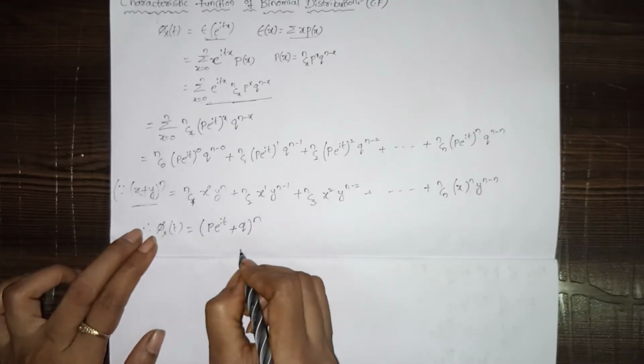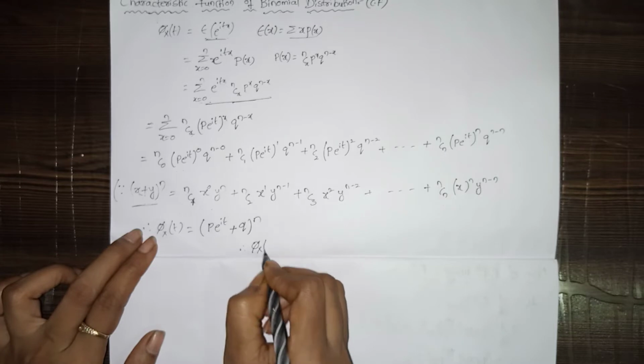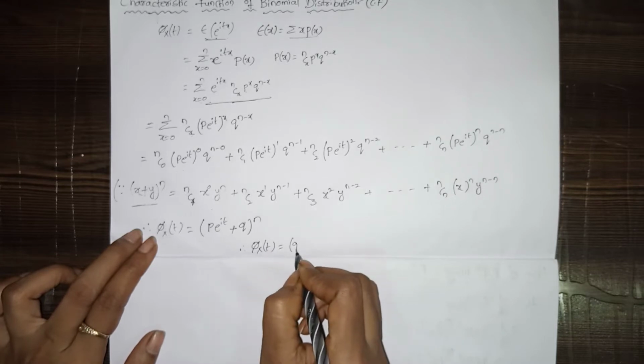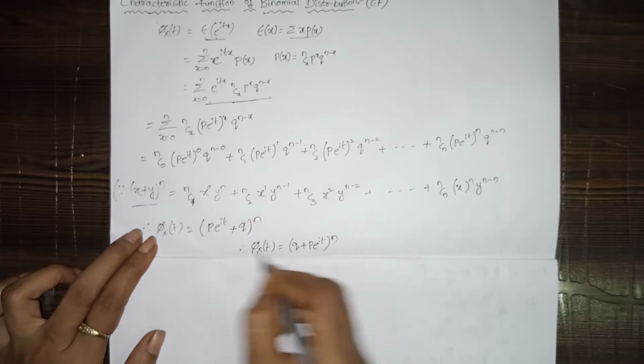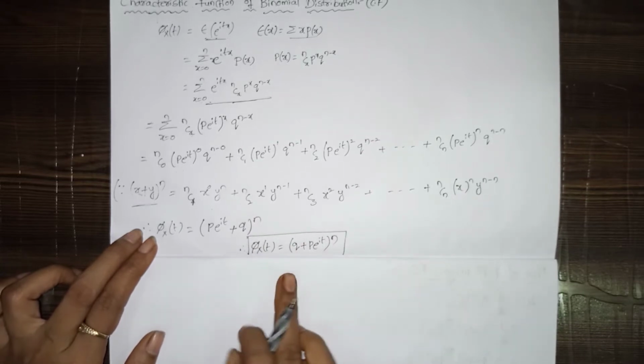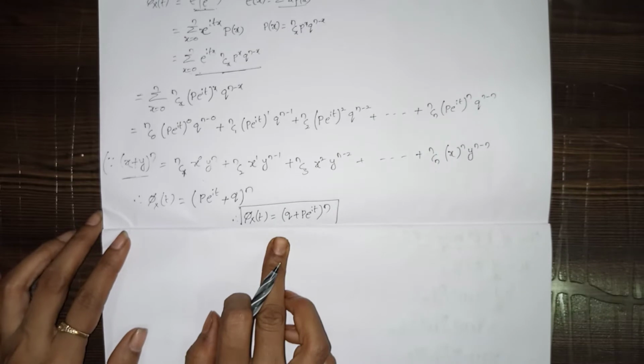So phi x of t equals q plus p into e power it whole power n is the formula for phi x of t.